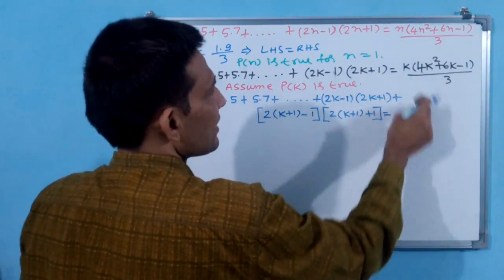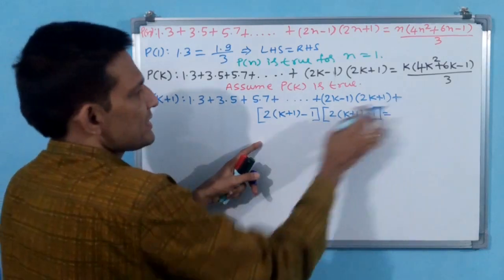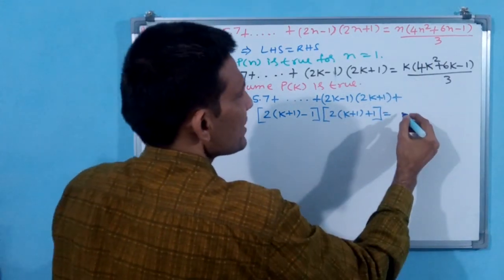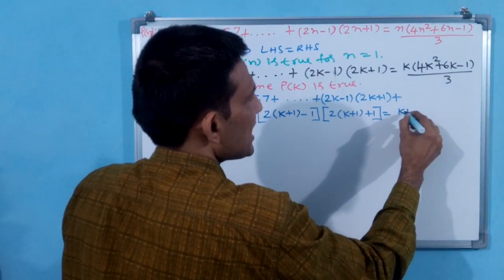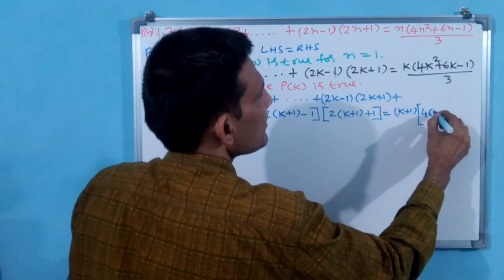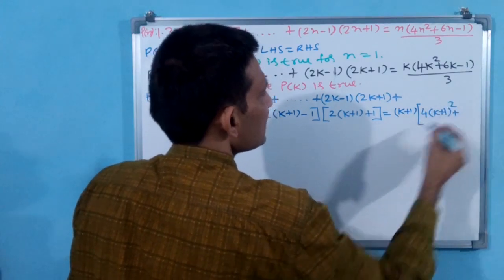Now you repeat this one: up to this here is LHS plus this we have written, but RHS is this one, k means k plus 1, 4 into k plus 1 square plus 6 into k plus 1.